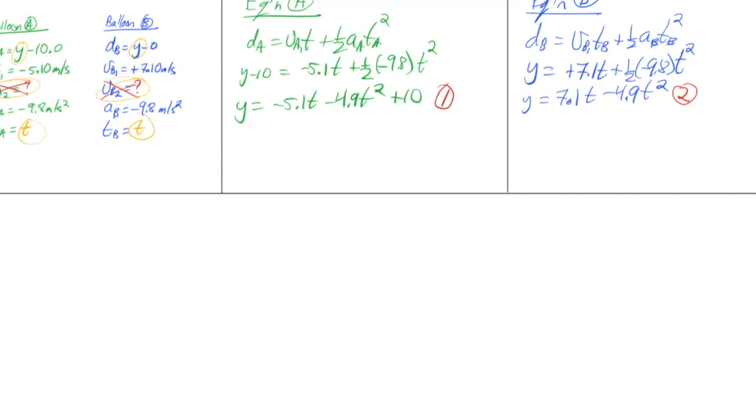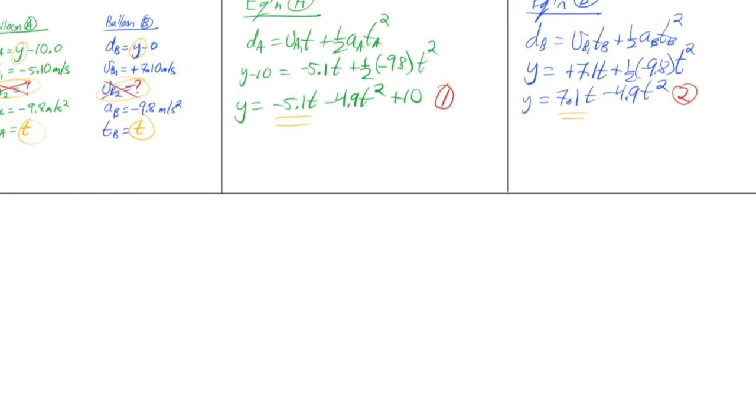Now we're going to set the equations equal to each other. So you can either do 1 equals 2 or 2 equals 1. Guess which one I'm going to do. And remember, I always like it so that the variable that I'm trying to solve for is, first of all, on the left-hand side and will be a positive number. If you look at equation 1, that number is negative. So maybe I don't want that one on the left-hand side.